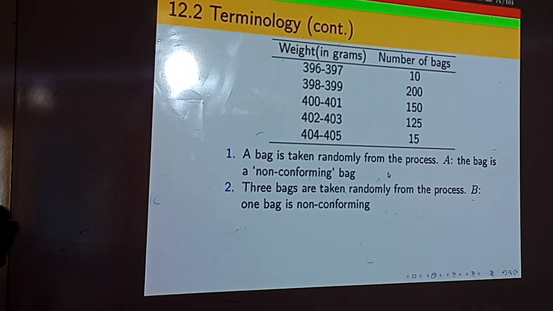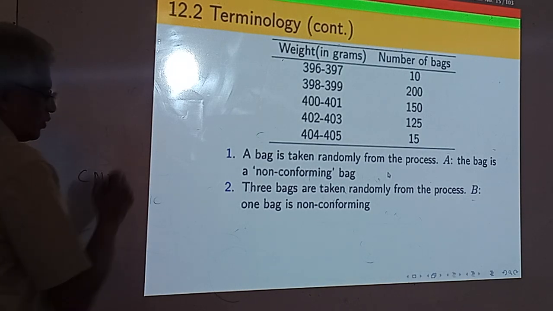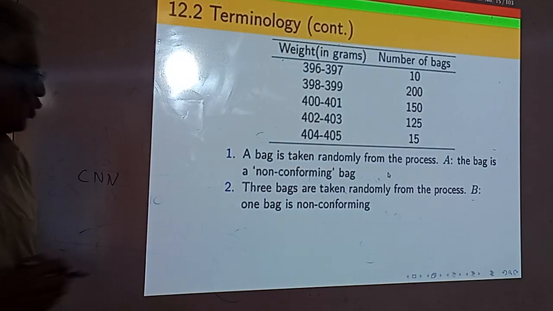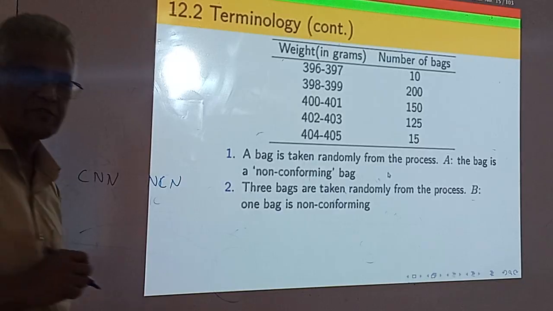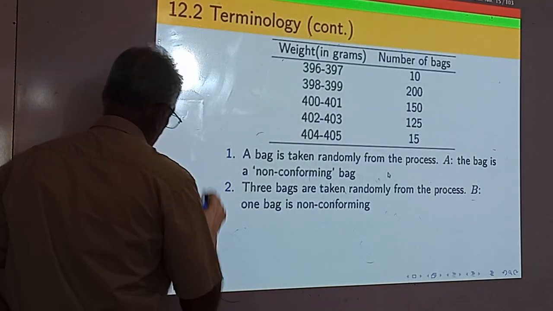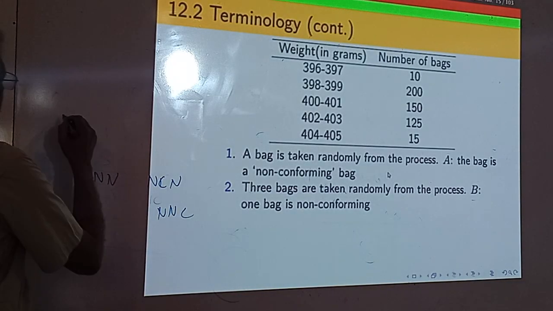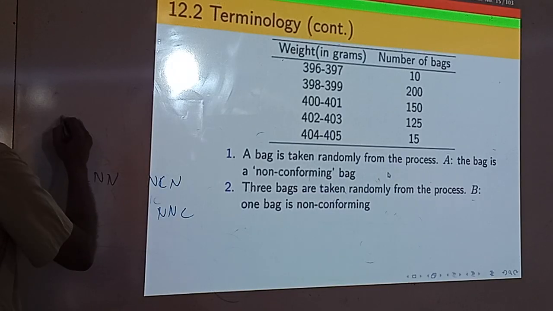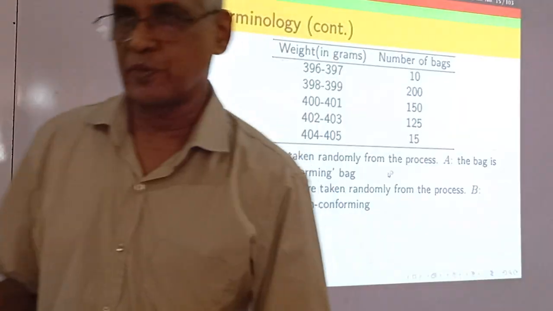One bag being non-conforming can happen like this: conforming, non-conforming, non-conforming; or non-conforming, conforming, non-conforming; or non-conforming, non-conforming, conforming. So if you define several events, for example, C1 is the event that the first bag is conforming.